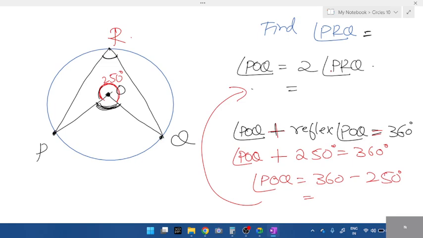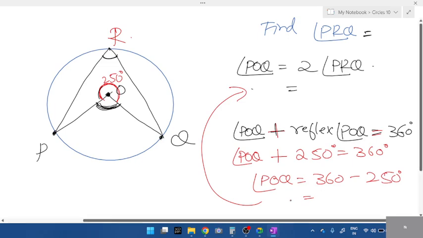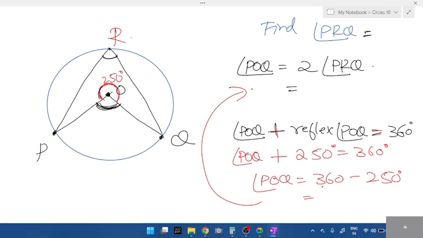So this is a tough one. Yeah, tell me. 360 minus 250 is how much? One more thing, it's a tough chapter, students. Those who really want to study, who study well, who concentrate, only they can solve this.